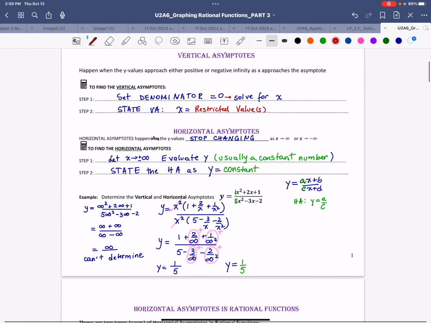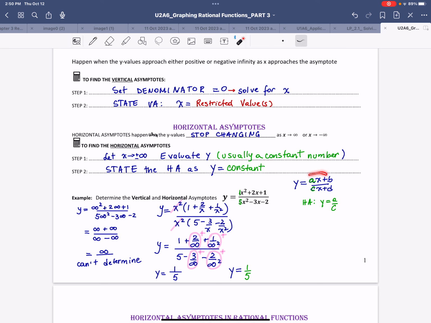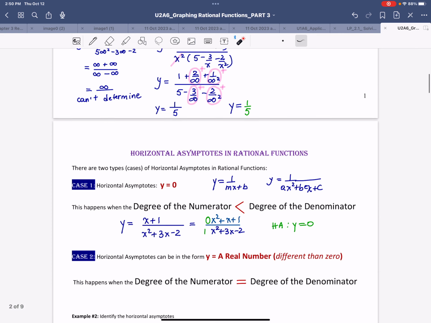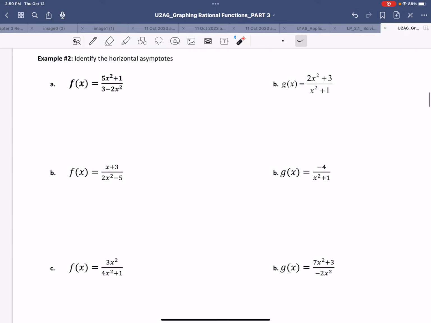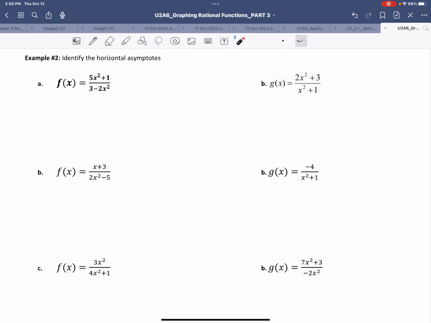So, like in the examples we saw before, linear over linear, we saw that the horizontal asymptote was the ratio of leading coefficients. Quadratic over quadratic, ratio of the leading coefficients. So let's take a look at a couple of examples and practice how to find vertical and horizontal asymptotes.